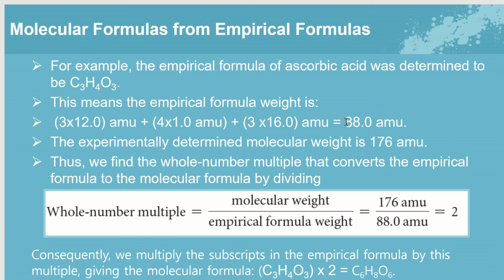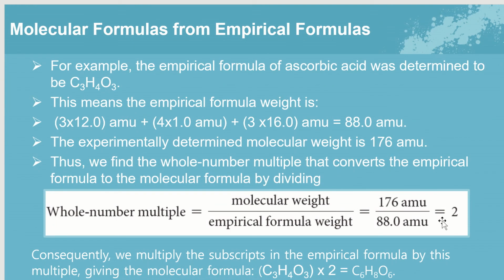And so the experimentally determined molecular weight is 176 atomic mass units. We're given the molecular weight, and so to find this whole number multiple that we speak of, we just divide the numbers by each other, which is 176 divided by 88, and we get 2.